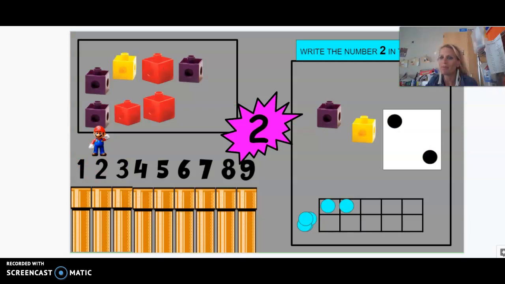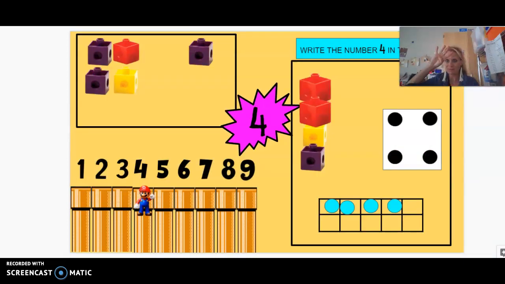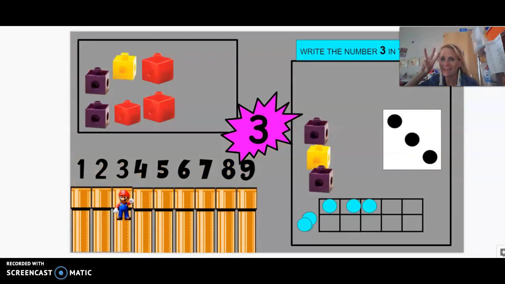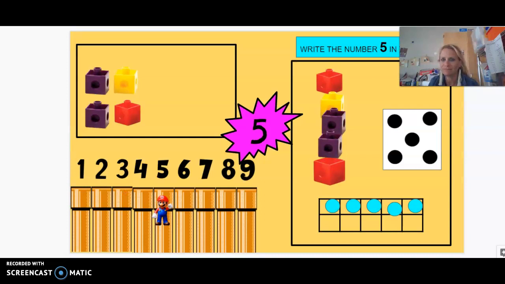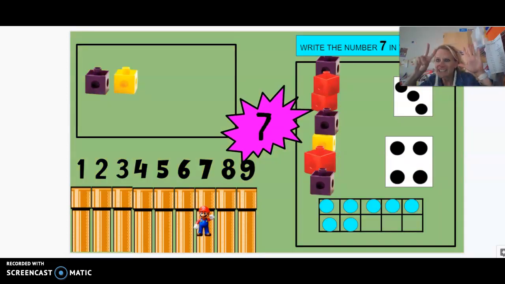Number 2. Show me with your hands. My numbers. 4. Good job. You guys are quick. 3. 5. 7. 5 and a 2, or 4 and a 3. Do you see these? You can create those numbers right here. Here's our dice.